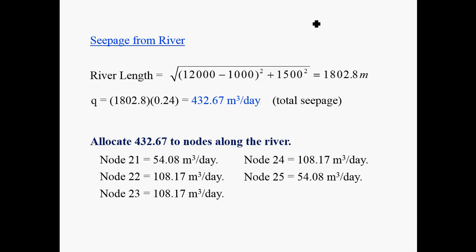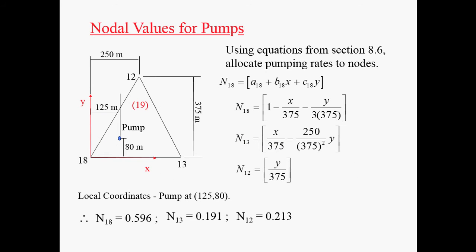So in this case, we are giving the several data, the seepage, and of course the length of the river, and we are going to allocate the nodes for the seepage along the river, to see how much water goes away.